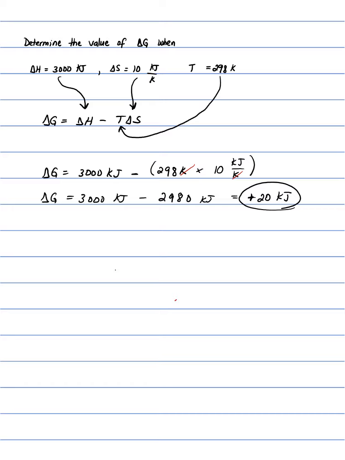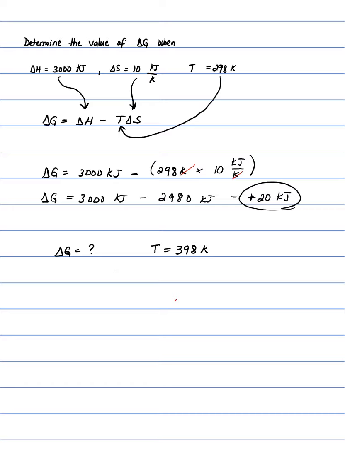So I'm going to write down another temperature, and you're going to solve your problem and get your delta G with that new temperature. So use exactly the same values for the delta H, the same values for the delta S, but now calculate delta G when the temperature is 398 kelvins. Okay?